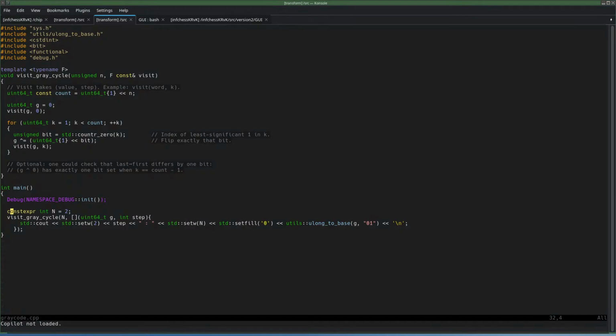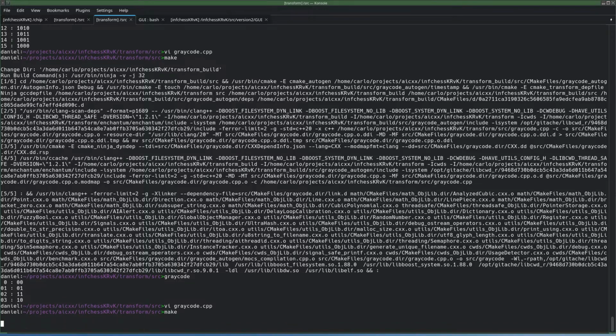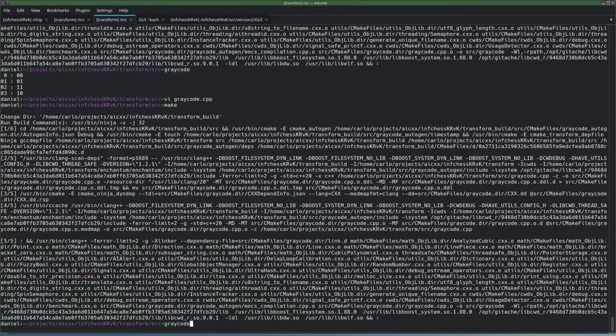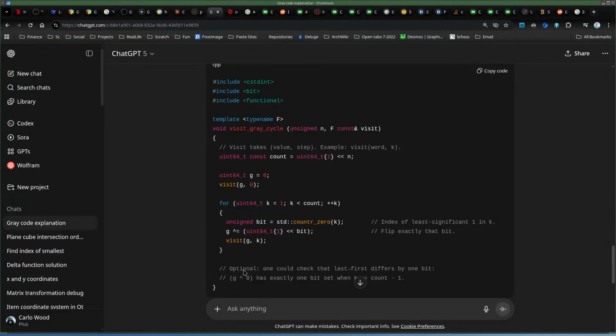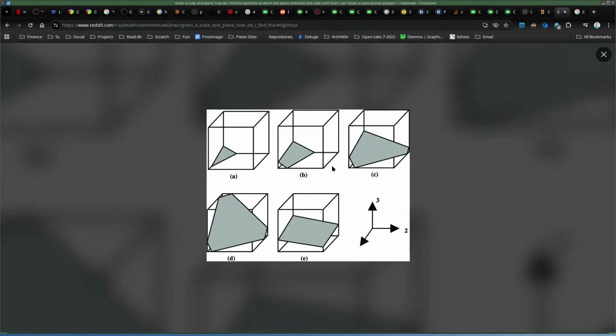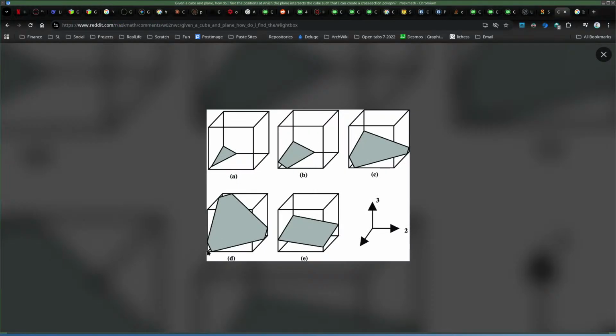Then in the case of three dimensions, I mean, zero, zero, zero. That would be, let's say, this point here.